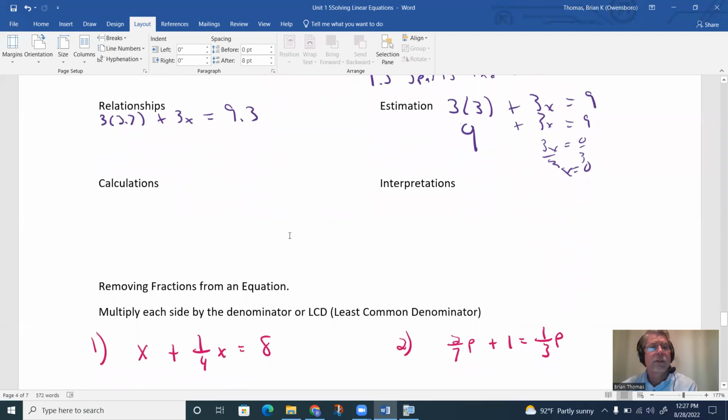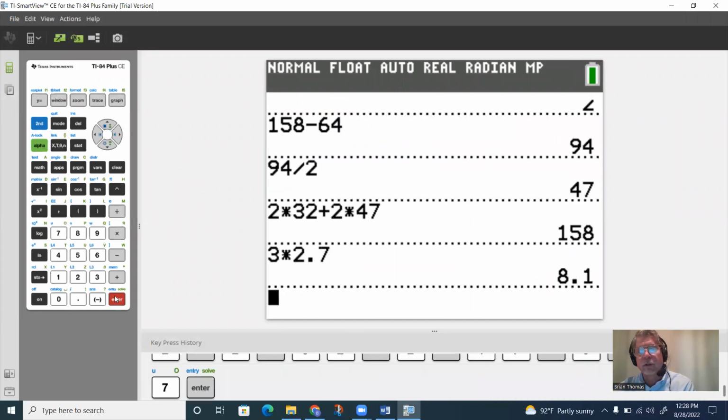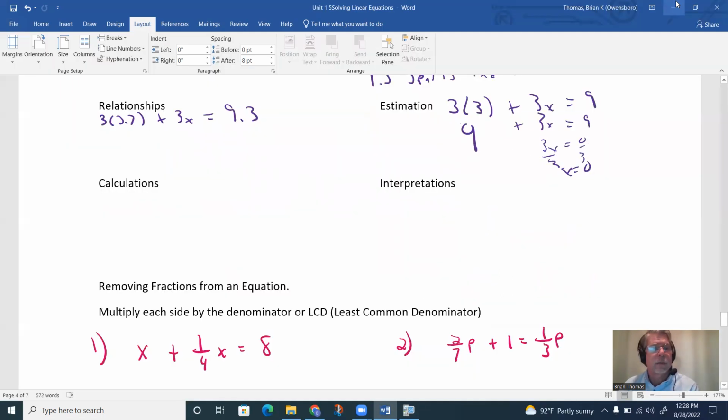So let's see if we can play this out here. 3 times 2.7 would be my calculation. That's going to give me 8.1. So this is going to be 8.1 plus 3x is equal to 9.3.